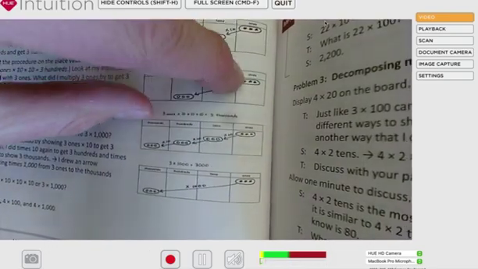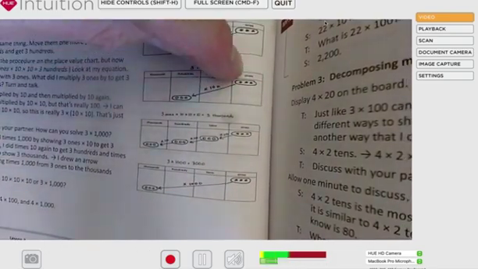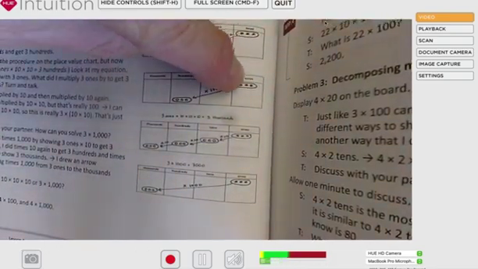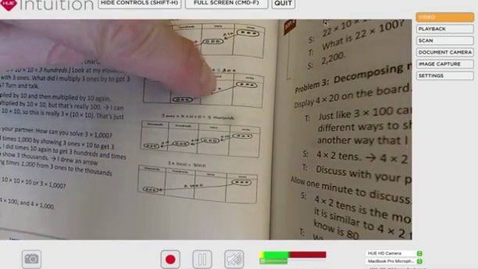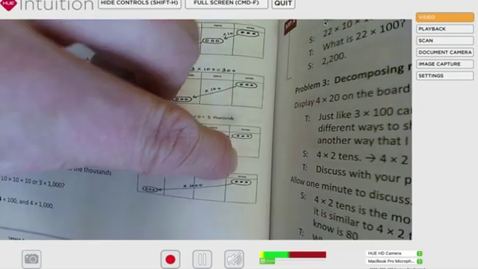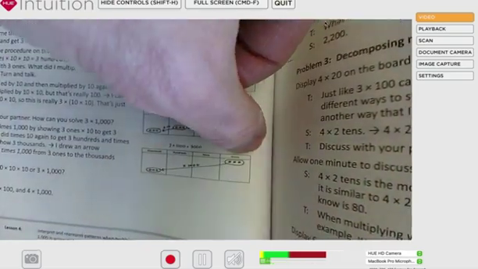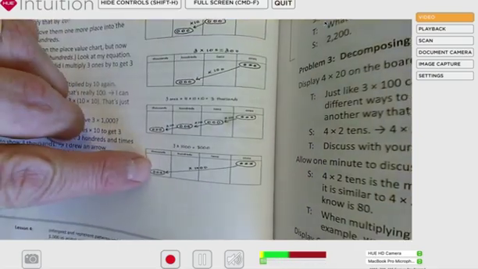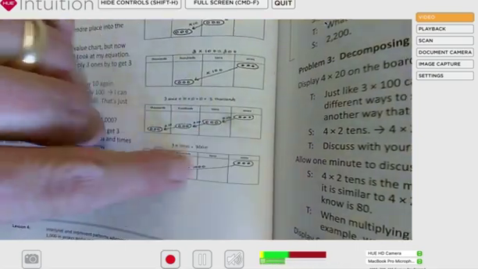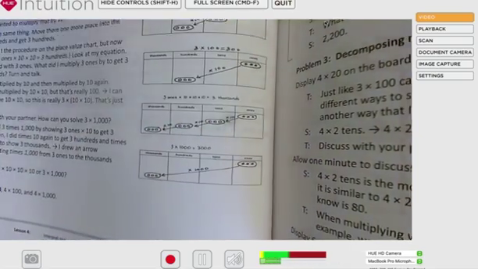Then if we move down here a little bit, 3 times 100 would look like this. Look, it goes all the way over to the 100 spot. 3 ones times 100, 300s, and of course down here we have the thousands, right? 3 ones times 1,000, it goes, whoa, all the way over there. So 3 ones times 1,000 equals 3,000s. Again, it's kind of basic stuff.